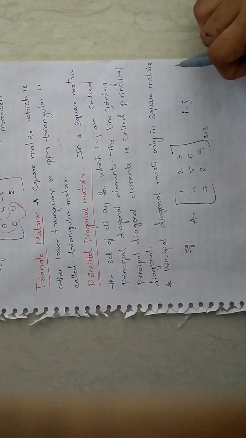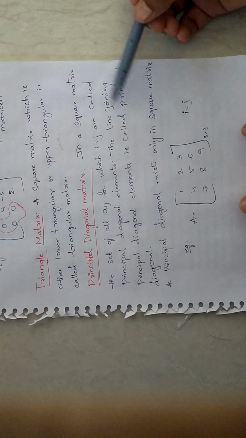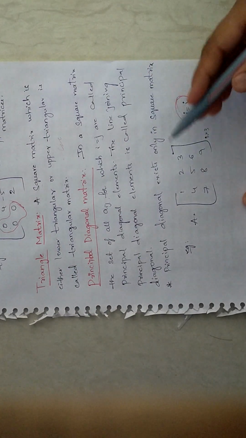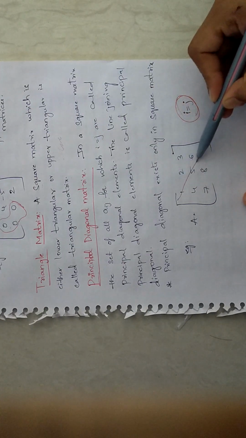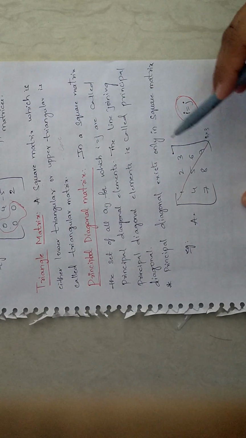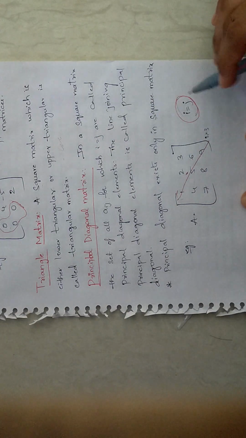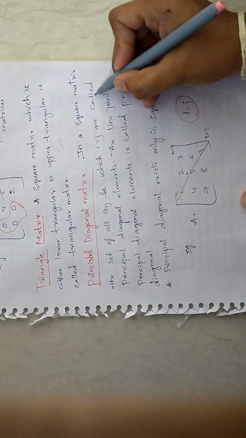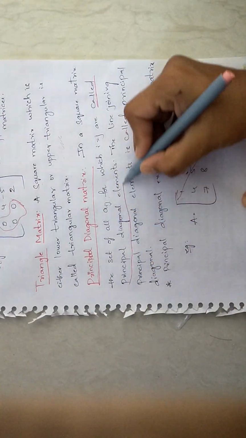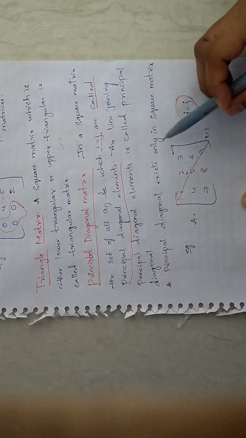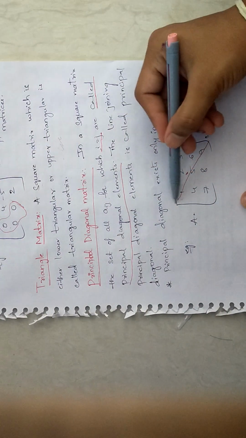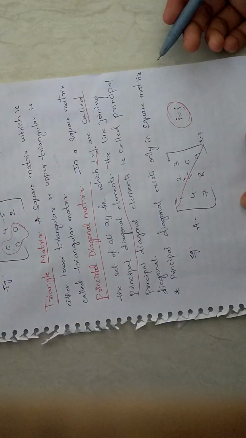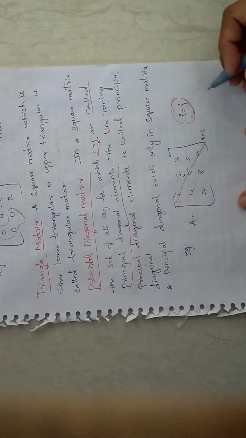So principal diagonal means the elements whose positions have i equal to j. That means diagonal elements. These elements are called diagonal elements. I'm underlining the important part. In a square matrix, the set of aij elements for which i equals j is called the principal diagonal elements. And I'll explain i equal to j here only.